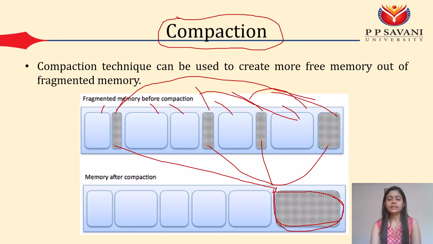So that was all about what is contiguous memory allocation, what are the different techniques available in contiguous memory allocation, what are the advantages and disadvantages of those techniques, what is fragmentation, types of fragmentation, what is internal fragmentation, what is external fragmentation, and how to overcome external fragmentation.